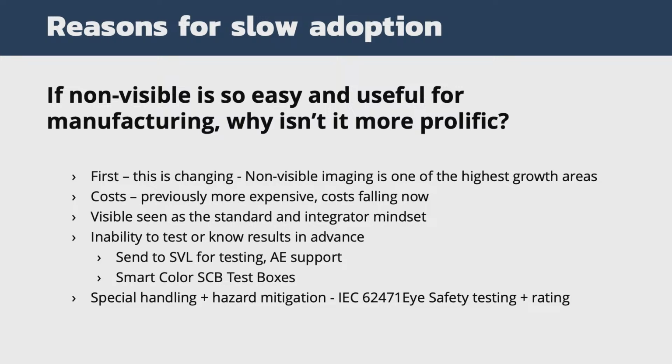We don't mean these to light with, but you can quickly put it down, do a test with your sample, and see if it's reactive at the various wavelengths, and then determine which lights you may need to move into to do the particular inspection, or if it makes sense to look at SWIR or UV at all. So those test boxes are low cost. If you need them, you can see them on our product page or contact your distributor and they can get you one. And it's really powerful to look and tell.